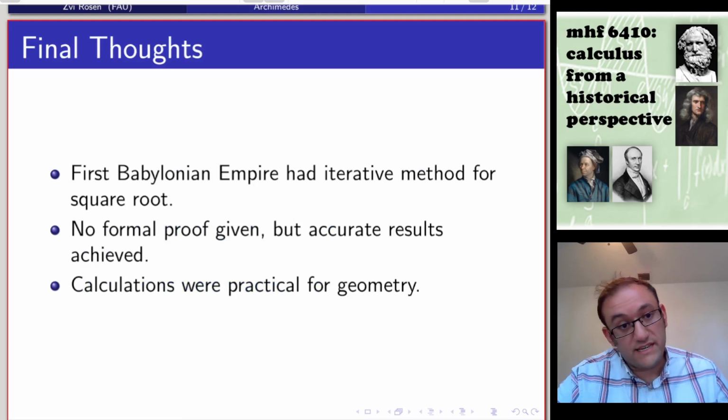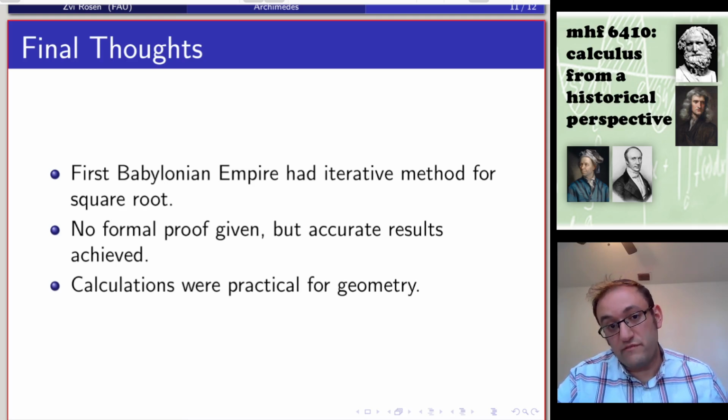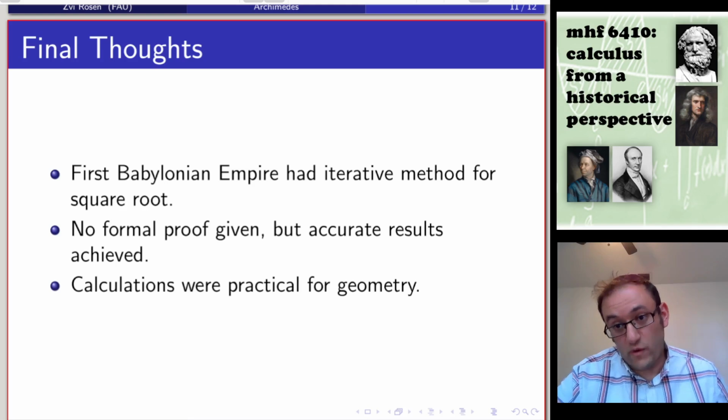Some final thoughts on this. We started our series in Greece, but even going further back, all the way to the first Babylonian Empire, they had this iterative method, most likely, for computing a square root, which tells us that they were describing sequences approaching limits as a way to compute desired values.